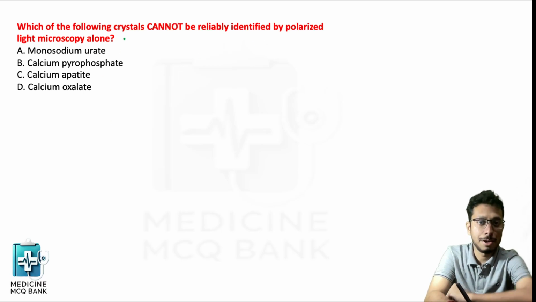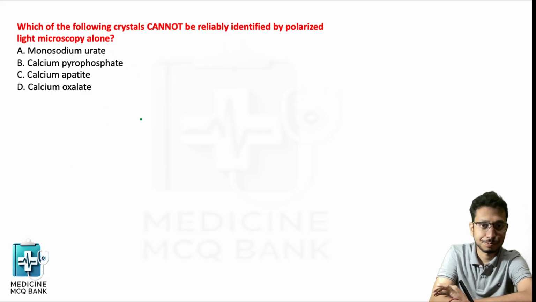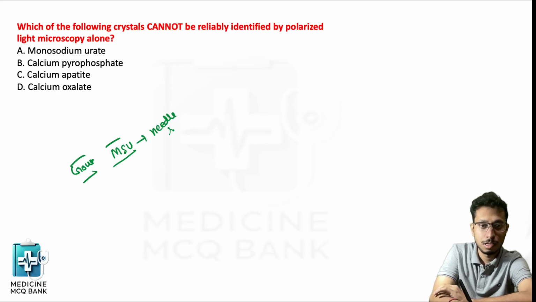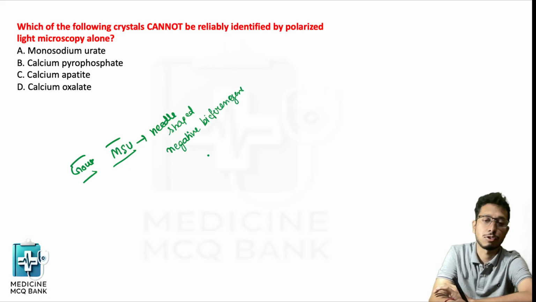Note, from here, we have learned from age old, an important thing that we have learned in pathology as well, that monosodium urate or gout leads to needle shaped negative bifurcations in polarized light microscopy.